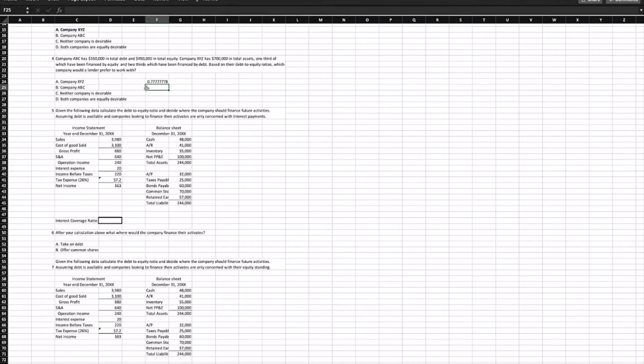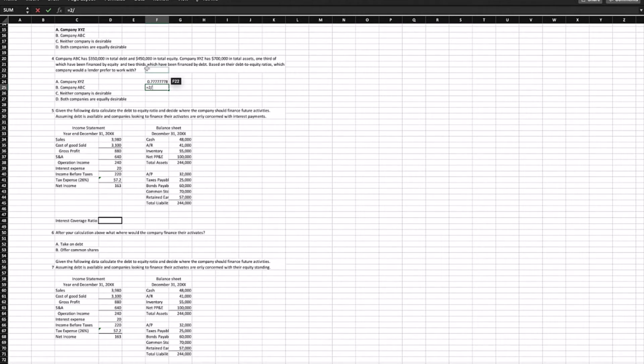And then in this example, XYZ company has total assets of $700,000, but we're given that 1/3 of it was financed by equity and 2/3 was financed by debt. So if we were to just find out what their debt to equity ratio is, it would just be the 2/3.